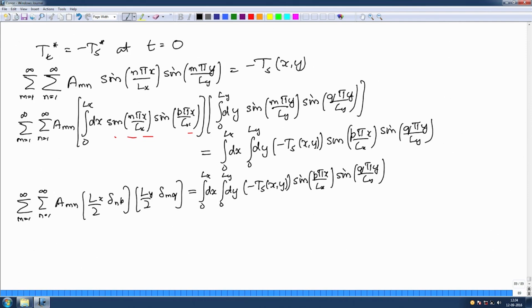And since delta n p is non-zero only when n is equal to p, and delta m q is non-zero only when m is equal to q, I effectively get a_qp Lx Ly by 4 is equal to the integral 0 to Lx.